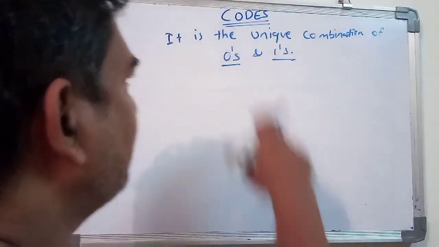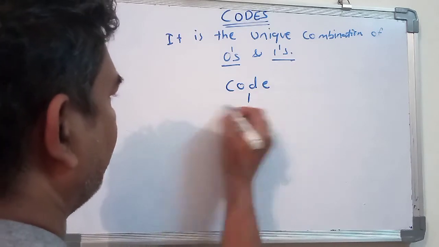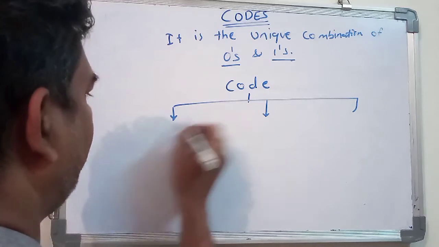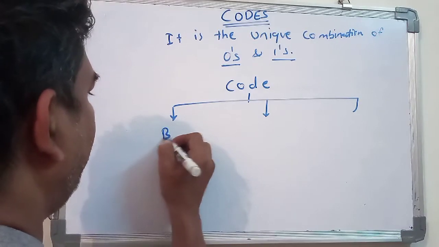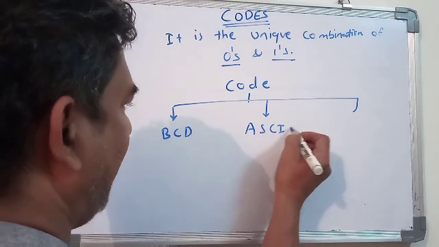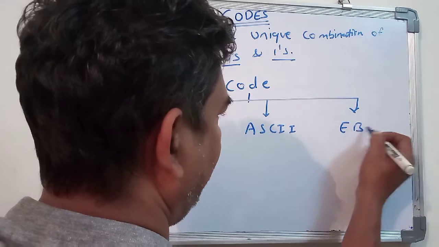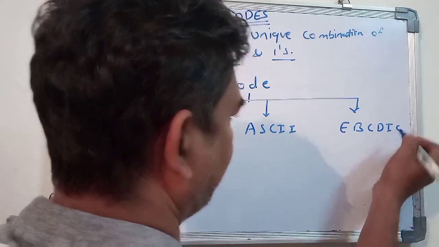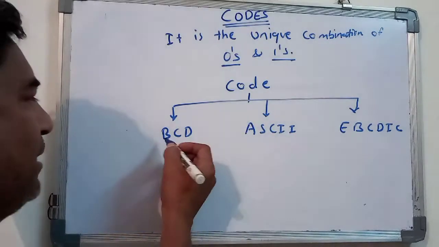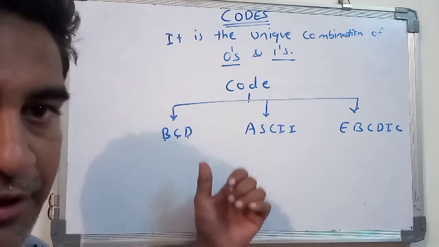This code has been classified into three types. First is BCD, second is ASCII, and third is EBCDIC. BCD is binary coded decimal.